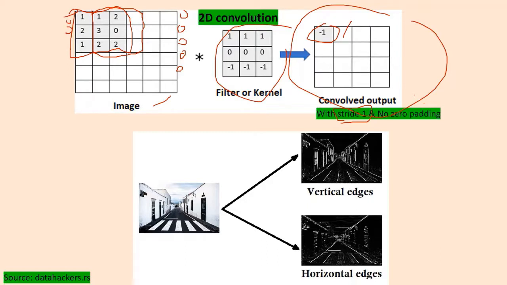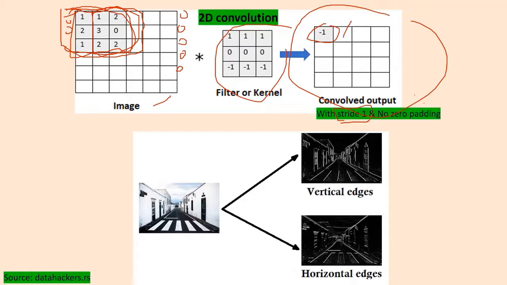Instead of 6 by 6 it becomes 8 by 8, and we can start aligning with these particular pixel values, so you get a 6 by 6 output matrix. But in this example there is no zero padding done, and the stride is 1. When the stride is 1 and no zero padding, you get a 4 by 4 output matrix. If the stride is 2, the dimension of the output matrix will reduce, because after each computation you shift by 2 pixels and again compute a new output pixel value.